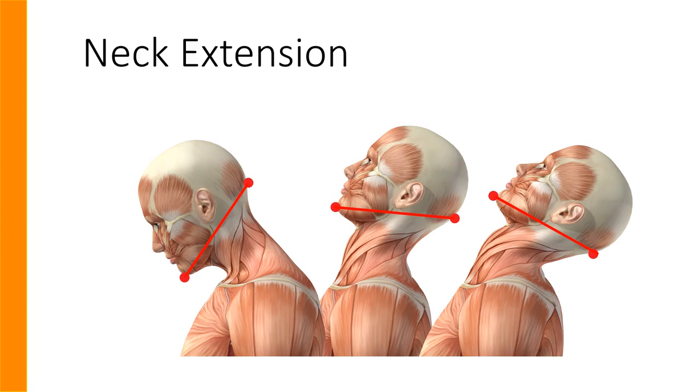Next, we can have a look at neck extension. If one really wants to assess neck extension accurately, rather than just saying to the patient, can you extend or can you tilt your head backwards, which in the bed they can do using their upper body and their torso and their spine, and it's actually quite difficult to tell which part of them is moving, place one finger on the patient's chin and your other finger on the patient's occiput, and get them to extend like that.